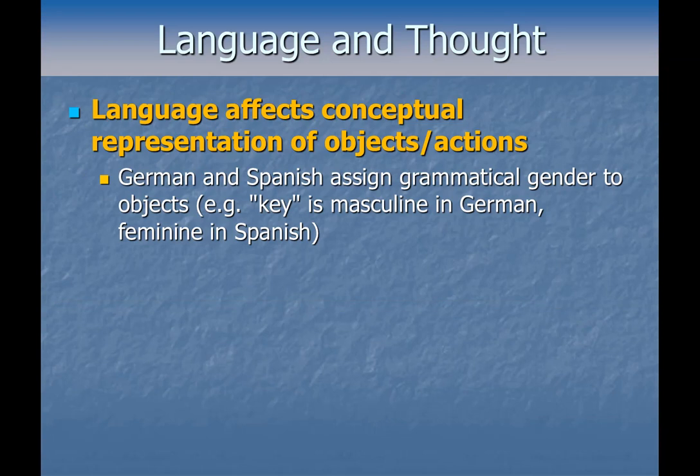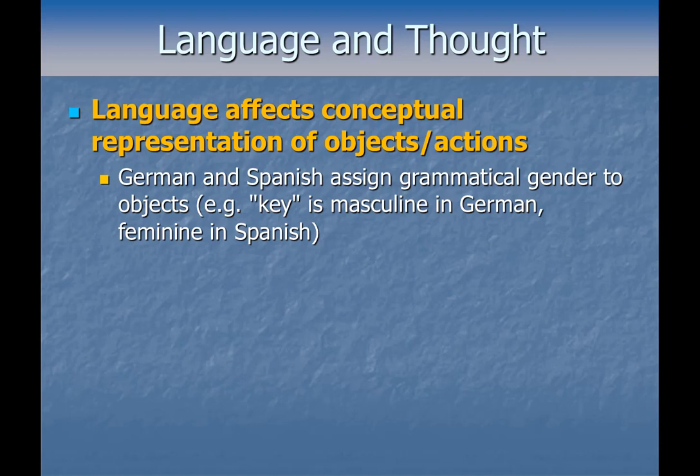And finally, moving on from how language affects perception, I wanted to talk a little bit about some research on how language affects conceptualization. There's some evidence that language influences conceptual representation of objects or actions, or how we make sense of the world in that basic conceptual way. A lot of this research started with the observation that some languages assign grammatical gender to objects.